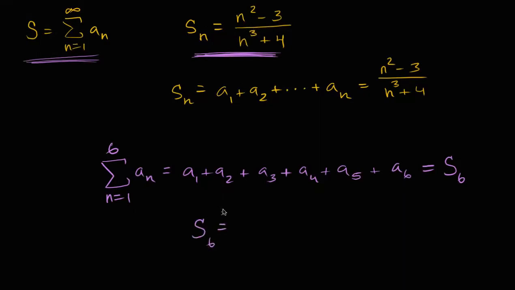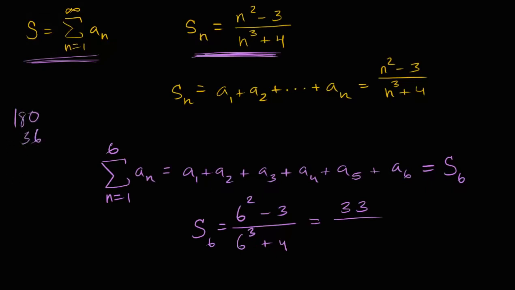S sub 6 is equal to, well, everywhere we see an n, we replace it with a 6. It's going to be 6 squared minus 3 over 6 to the third plus 4. And so what is this going to be? 6 squared is 36 minus 3, so that's 33. And 6 to the third, let's see, 36 times 6, I always forget. My brain wants to say 216, but let me make sure that that's actually the case. 6 times 30 is 180 plus 36.